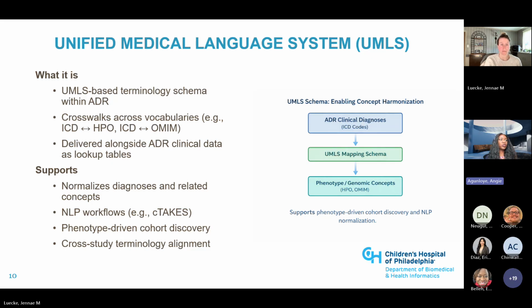For example, we have crosswalk mappings from ICD to HPO, as well as ICD to OMIM. And we deliver this data alongside any ADR clinical data as lookup or complementary tables.